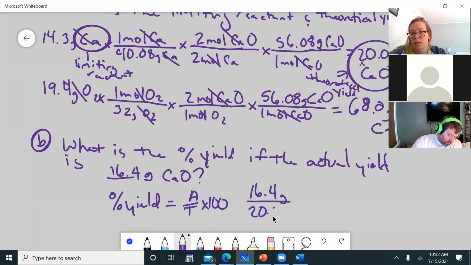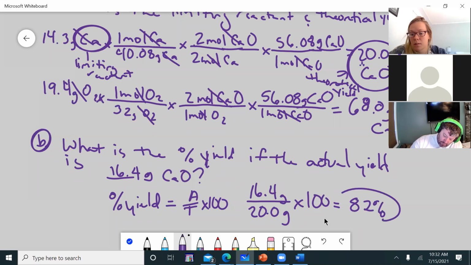So we've got the 20.0 grams, and we multiply it by 100. Times 100, and it becomes 82%. So they were 82% effective at producing the calcium oxide.